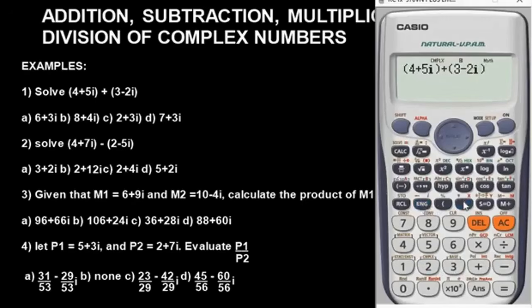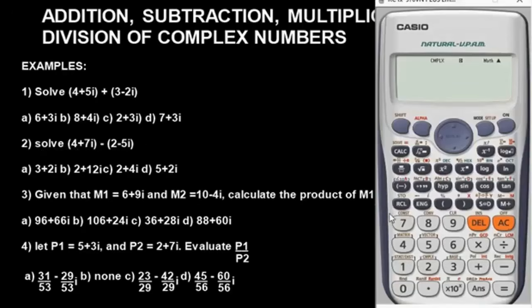Let's press equal to and see what we get as an answer. 7 plus 3i. So the answer to this question is option D, which is 7 plus 3i. It's very, very simple.